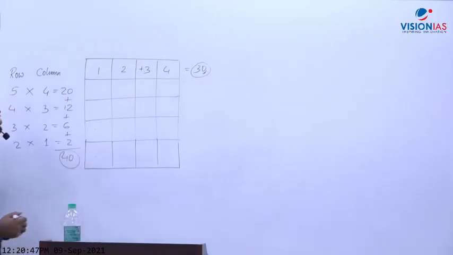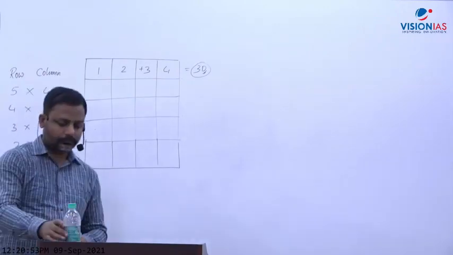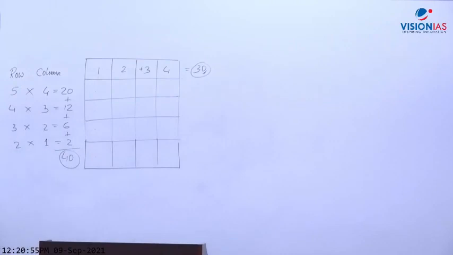So the total number of squares in this figure is 40. Got my point?